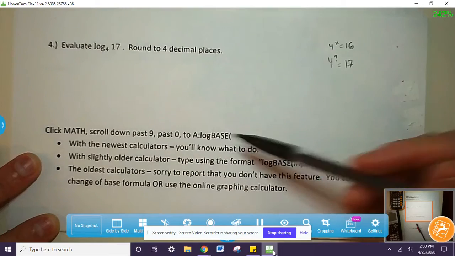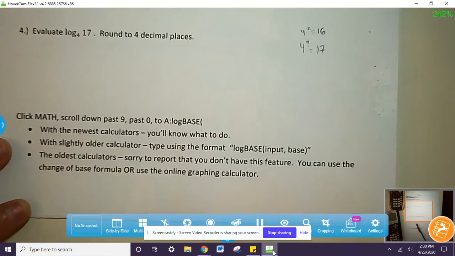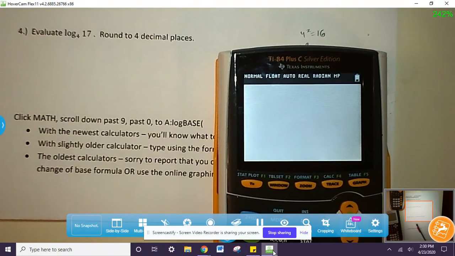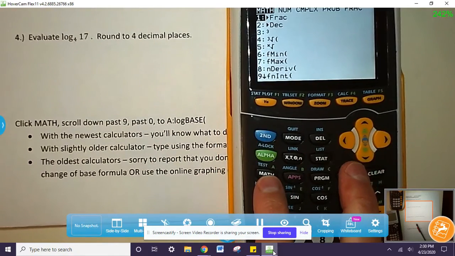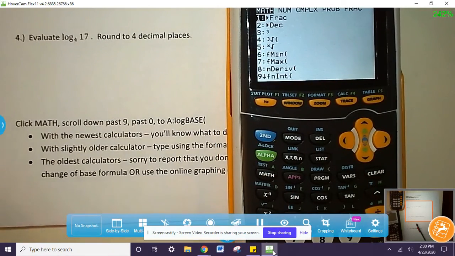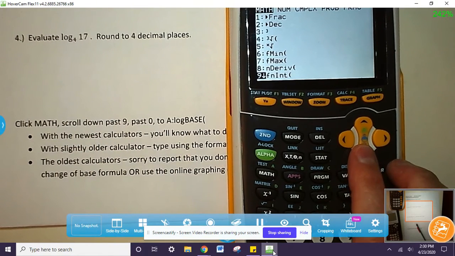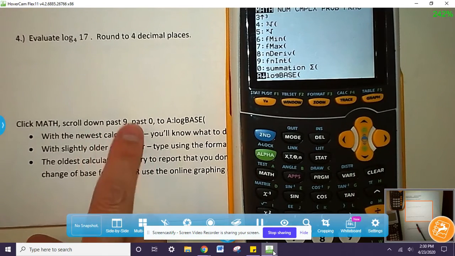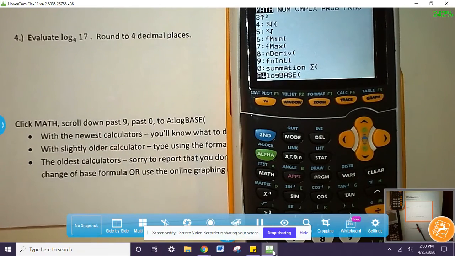Okay, so here's what may happen when we try to do this in our calculator. If you have a newer graphing calculator or you're using the online calculator, if you click Math, that's this button right here, and then scroll down past 9, past 0 to A, log base. Some of your calculators won't have this, so don't panic if you don't see it.